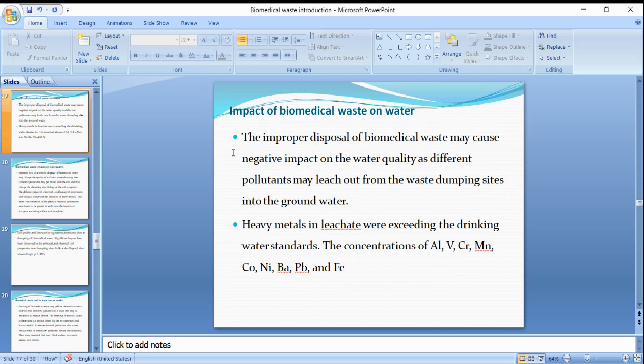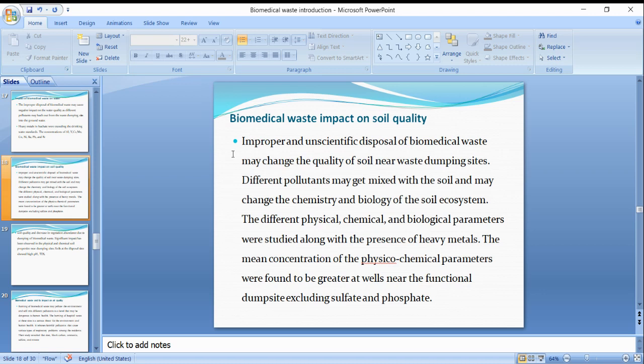The concentrations of aluminum, nickel, iron, and cobalt, all these metals and minerals, if mixed into the liquid, mean the drinking water standards will not be maintained. So we have to ensure that chemicals are not mixed with the water.